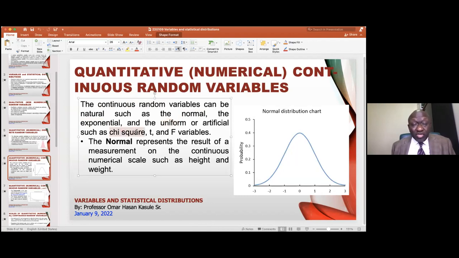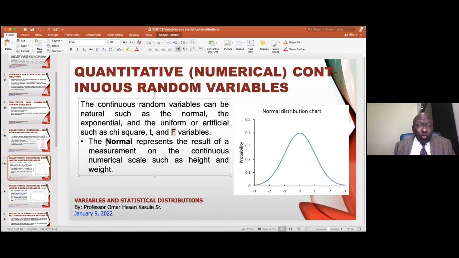Like the chi-square test, you will see it in statistics a lot. It's a distribution. The T is a distribution. The F is a distribution. You are not supposed to know how these are distributions, but you need to know these words refer to distributions so that when you are reading a scientific paper, you do not get stuck. Just say, yes, I know this is a type of distribution.